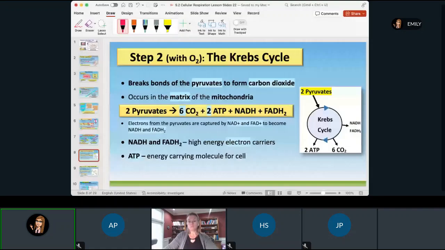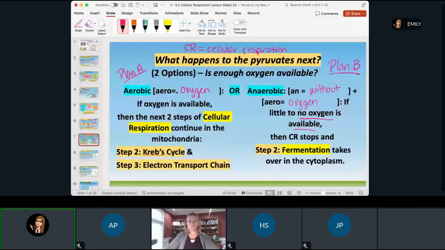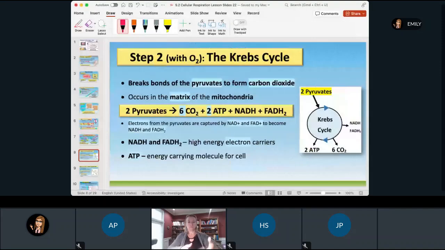We are going to assume for the time being that we are going with plan A, so we're talking about cellular respiration. With cellular respiration, step 2 is the Krebs cycle. Remember that this is plan A. So we're moving on with the Krebs cycle.